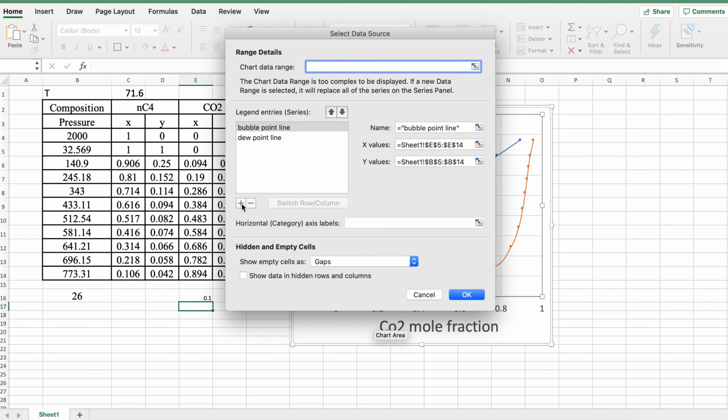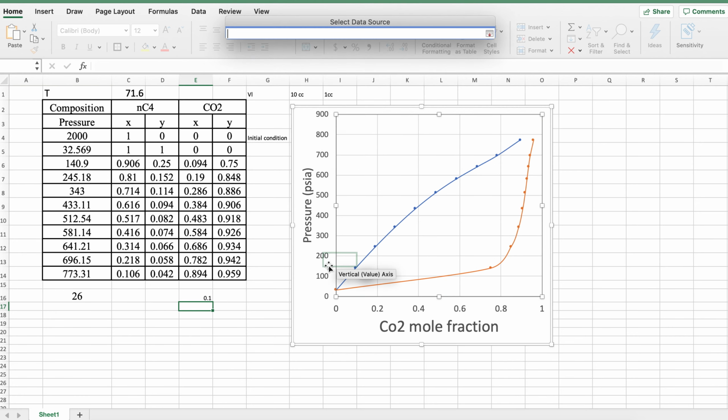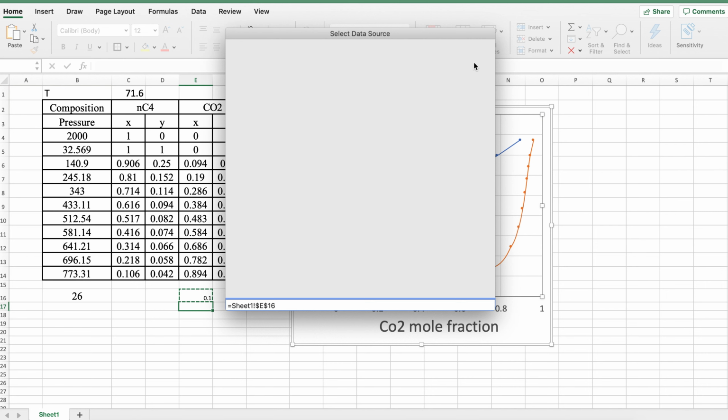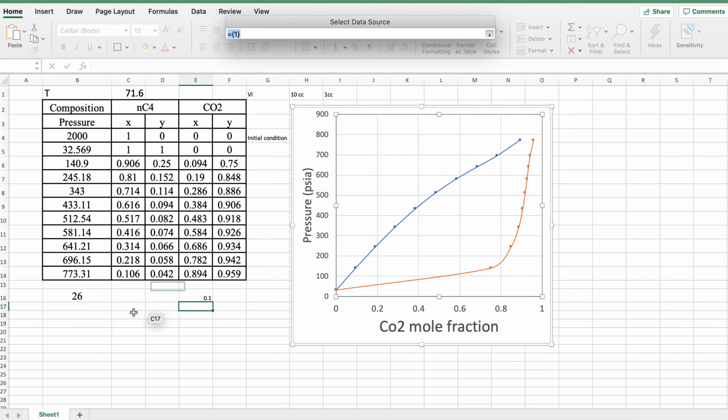So this is the extra point, we call it checkpoint. And for this checkpoint, the x value was 10%, and then the pressure was 26.